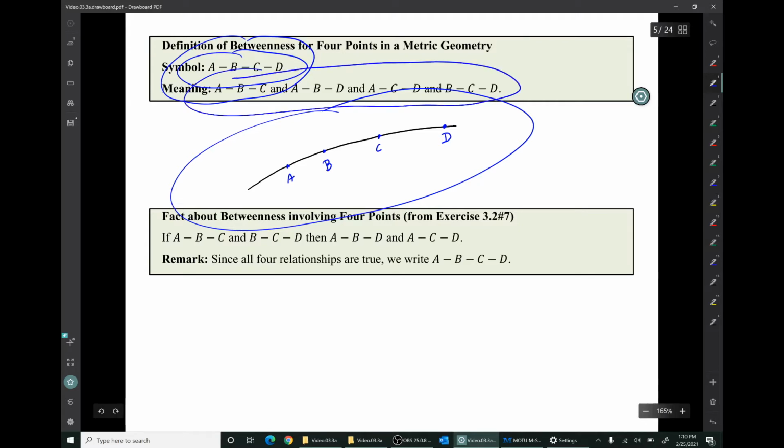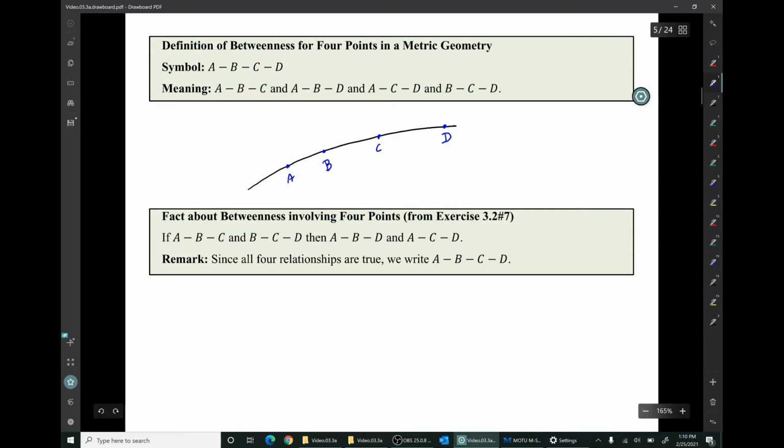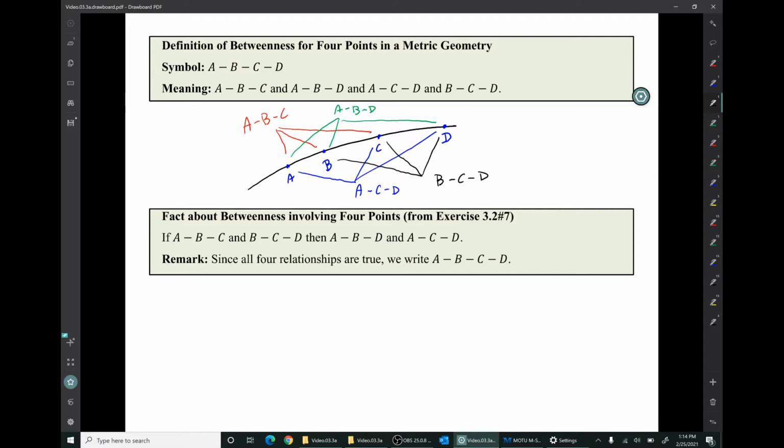Those 4 expressions are the meaning of that symbol. So we should highlight how those expressions are illustrated in this picture. So there's an illustration showing the symbols that are involved in the definition.